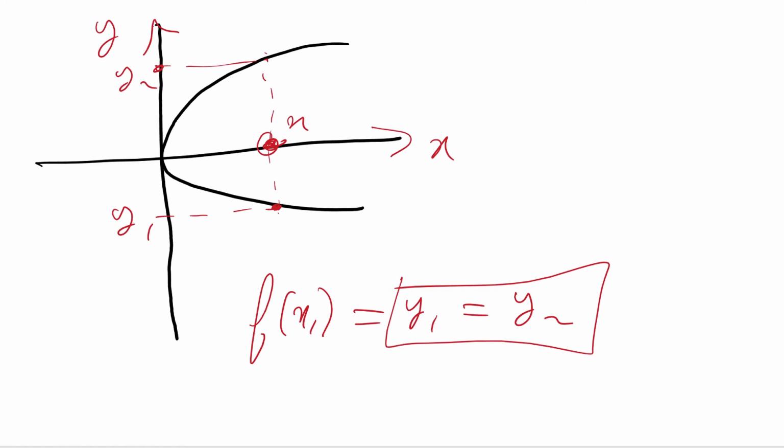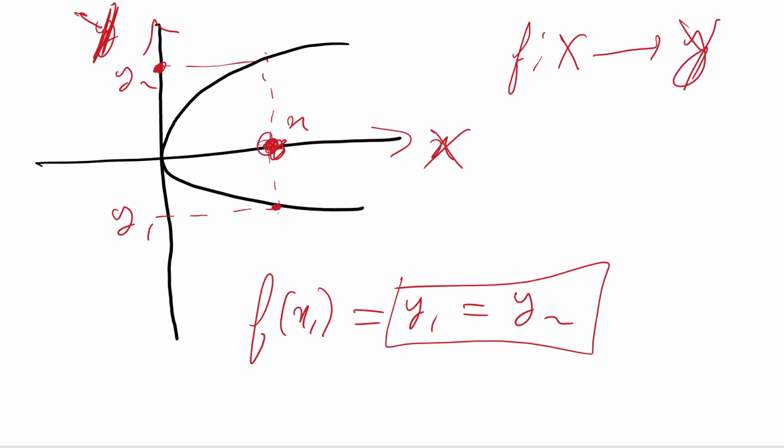So this is defined from x to y. This is the x-axis, this is the y-axis. We say that every element in x must map to a unique element in y. So in this case, if I pick x here, it's going to map to two different values of y.